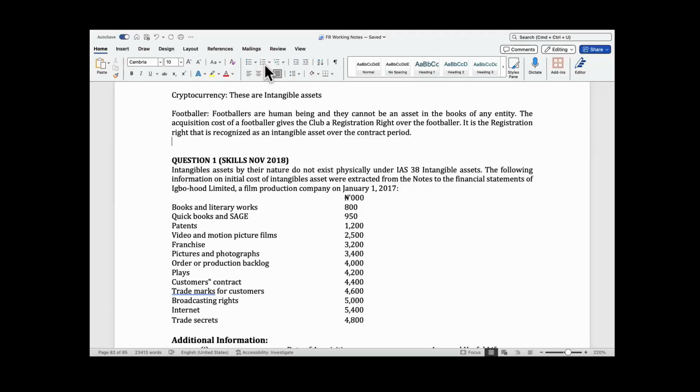Any cost you incur after the criteria are met would be capitalized as a development cost. So there is really nothing like work in progress intangible. It does not exist as far as IAS 38 is concerned, except if what they mean is development cost.